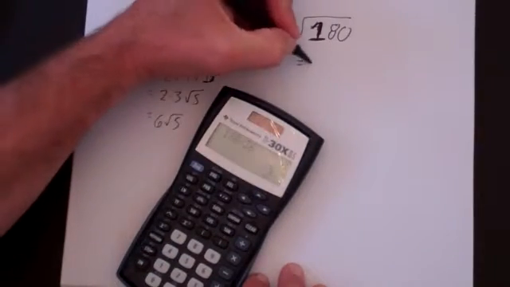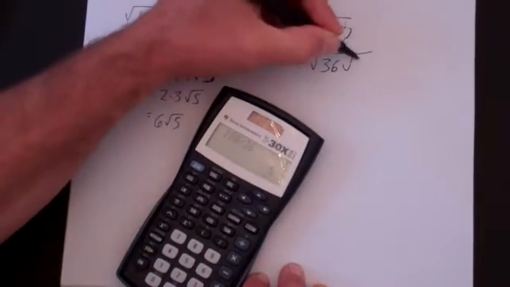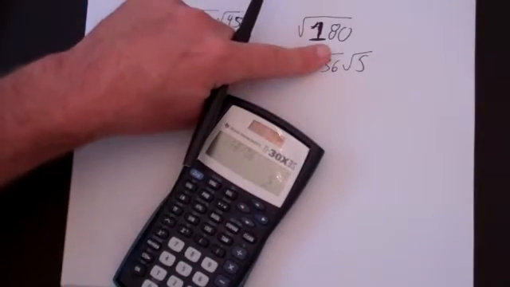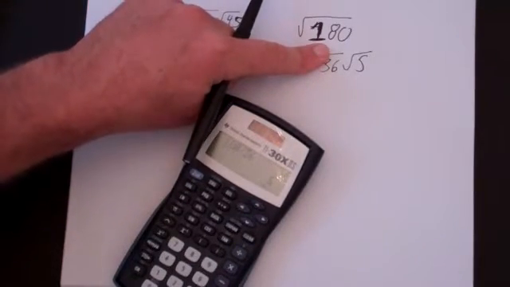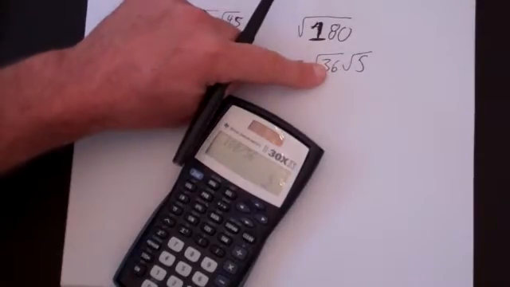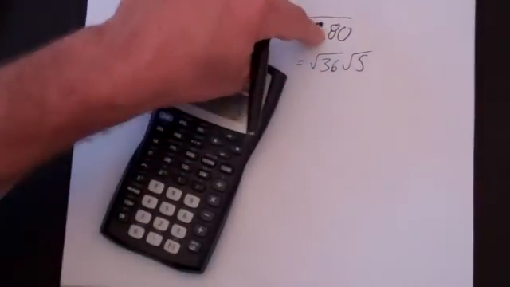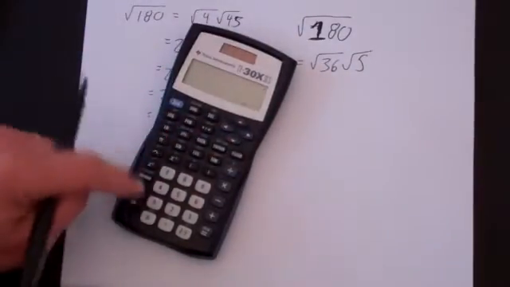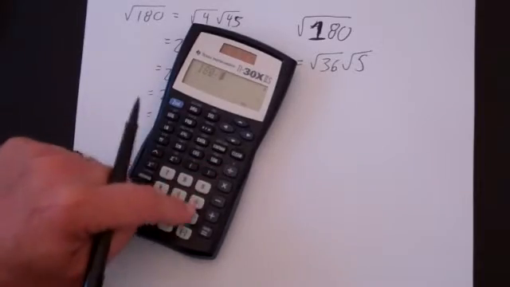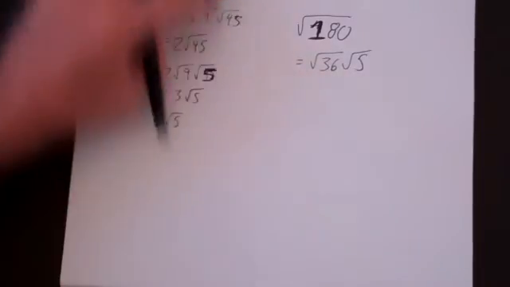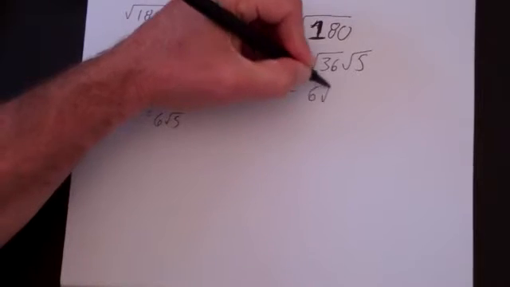Yes, that's square root of 36, square root of 5. Now the key here is you don't have to just guess which numbers go in evenly into 180. I thought that 36 went in evenly into 180, so I just tried it. I just went 180 divided by 36 is 5. So it's 36 and 5, so that's 6 root 5.